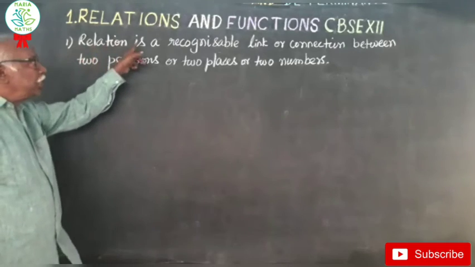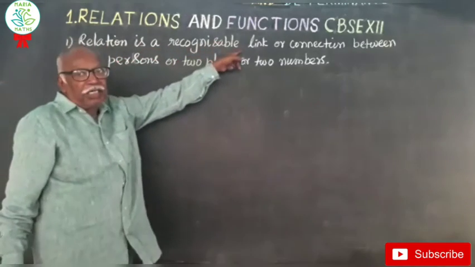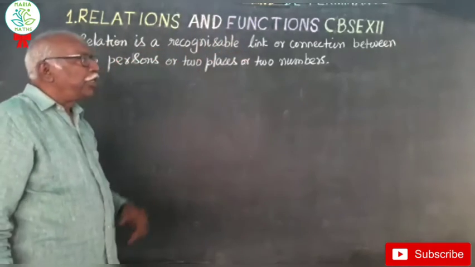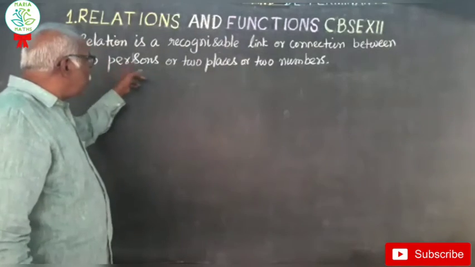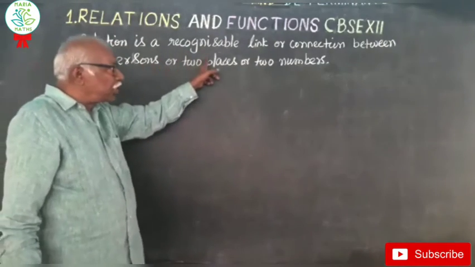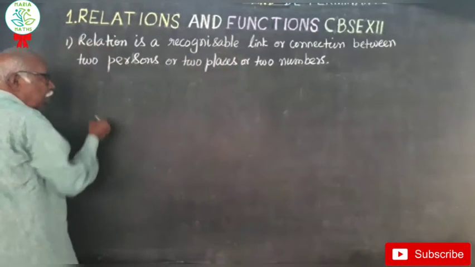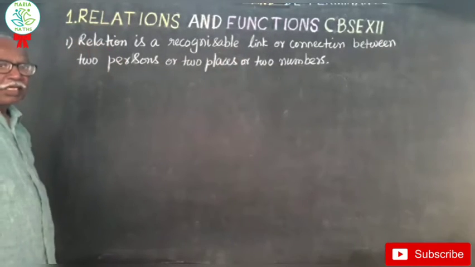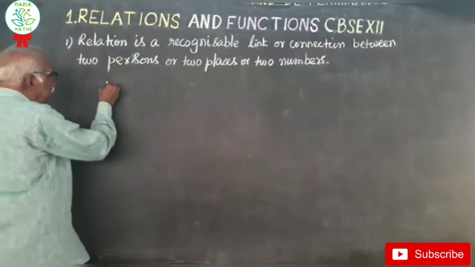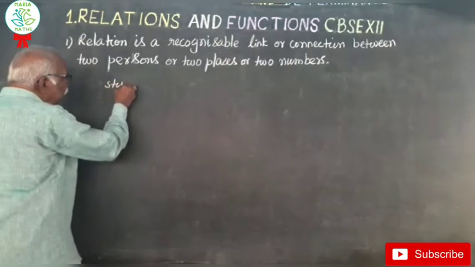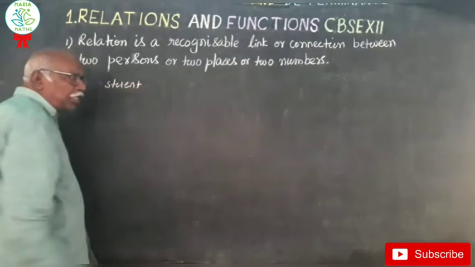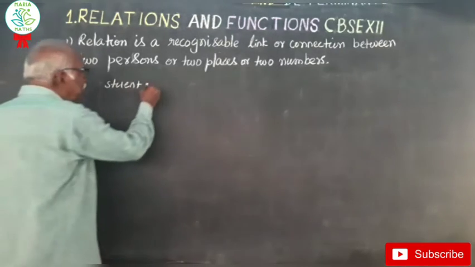Relation is a recognizable link or connection between two persons or two places or two numbers. Example, how are two persons related? A student can relate to a teacher.